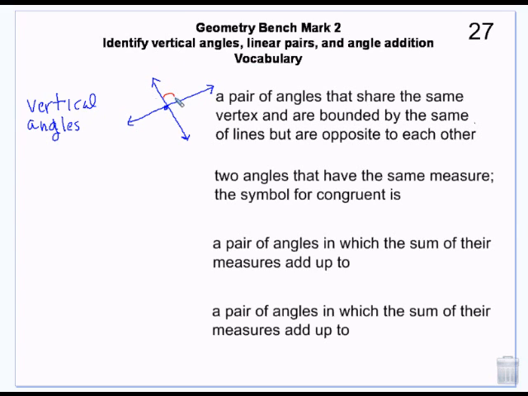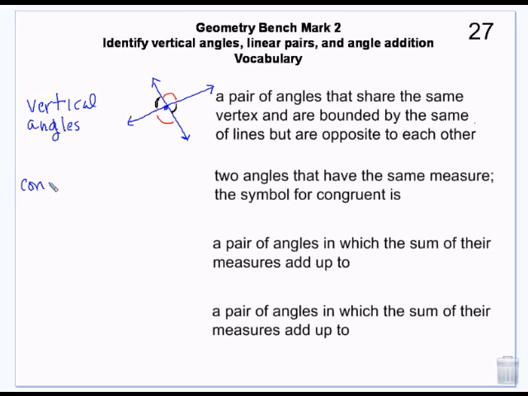This angle and this angle are vertical angles. That's one pair of vertical angles, and then this angle and this angle are another pair. Anytime you have two lines crossing, you have two pairs of vertical angles.